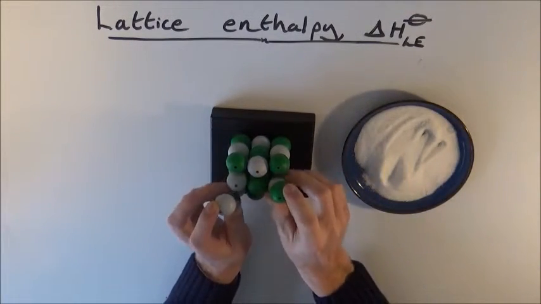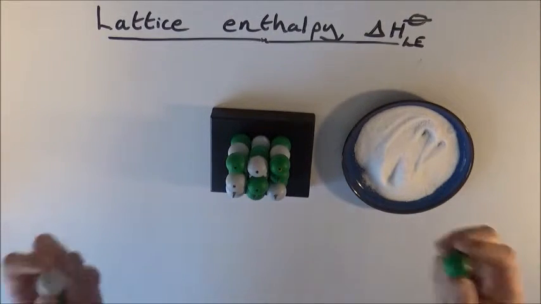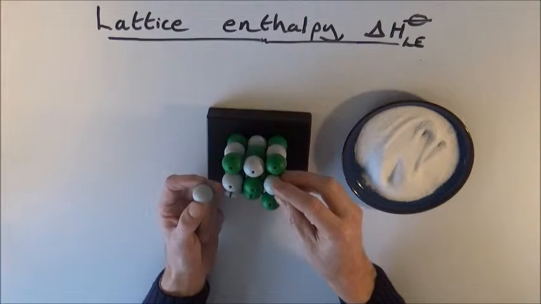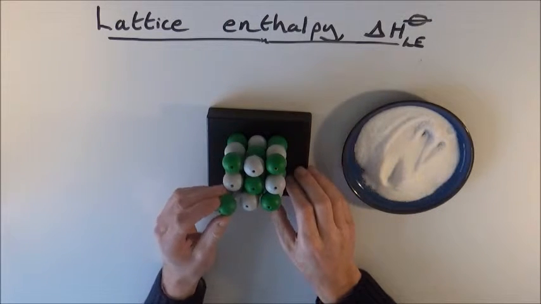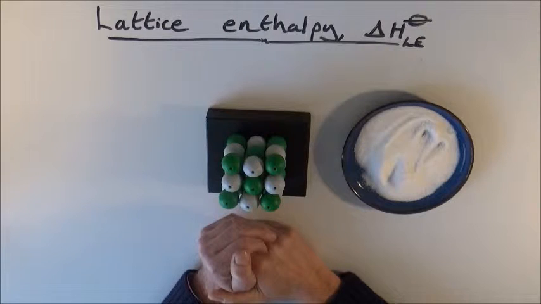So if you imagine all of these positive and negative ions are over in the gaseous state, when they come together to form this ionic lattice, energy is released. And in the case of sodium chloride, the value is minus 771 kilojoules per mole.